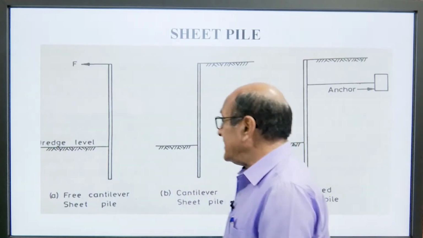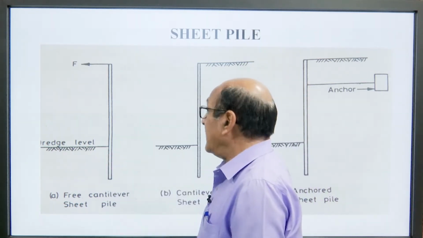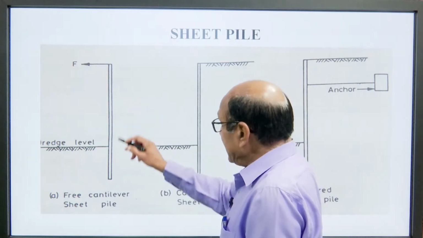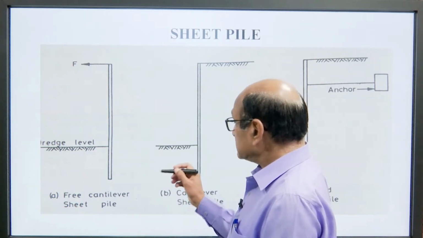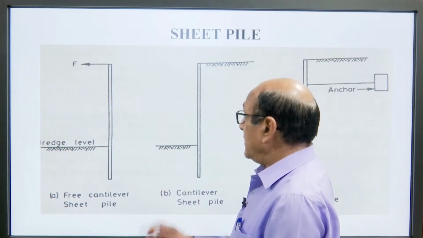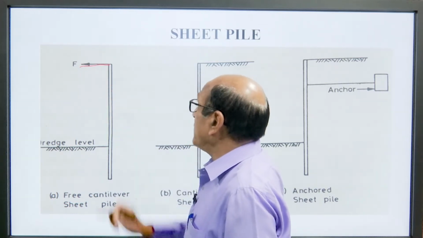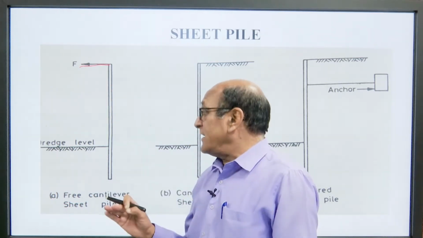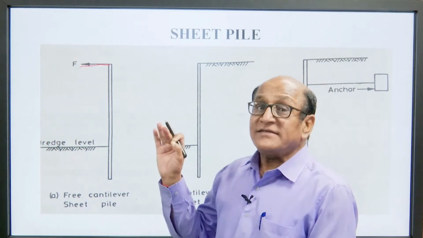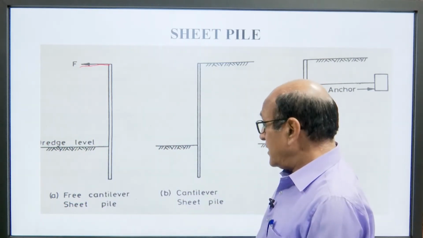So, we can see here this is a free cantilever. What happened? This is the dredge level and the sheet is fixed below the dredge line. A horizontal force you can see here easily. This is the horizontal force F acting towards the dredge line. Okay.